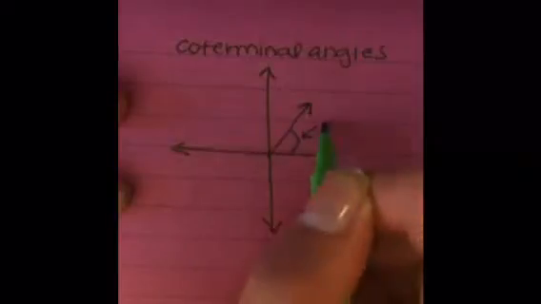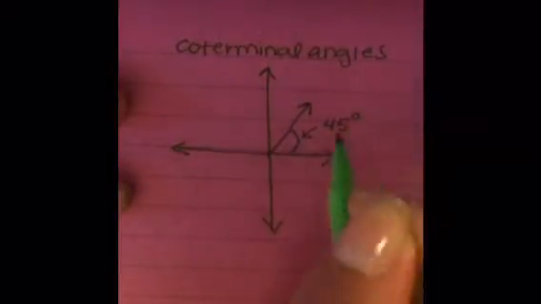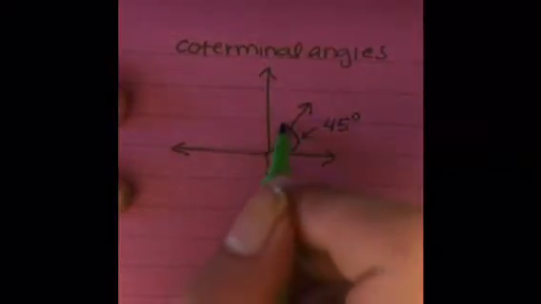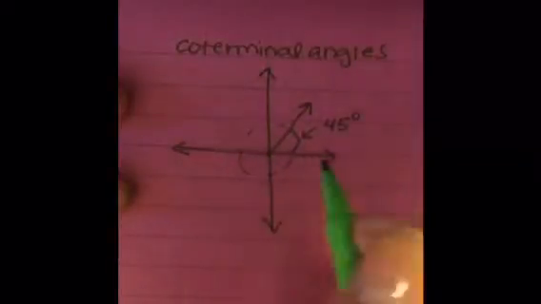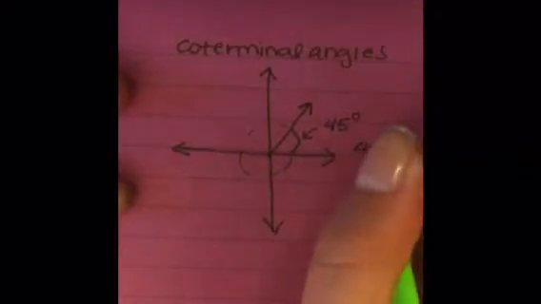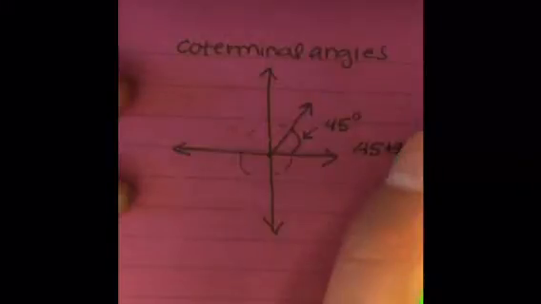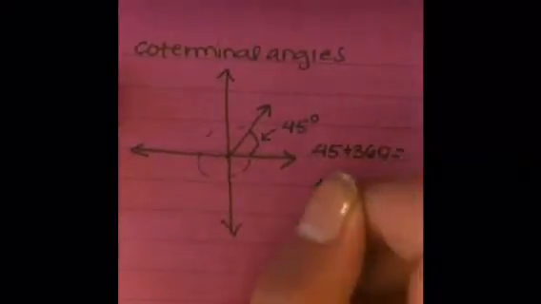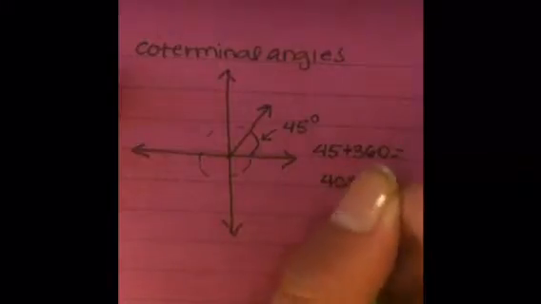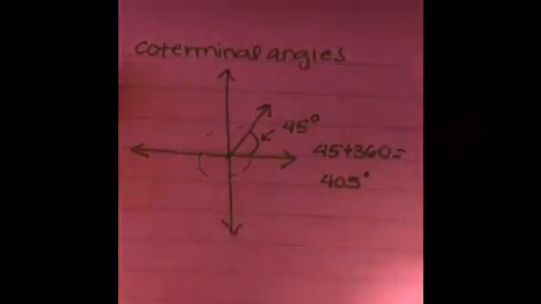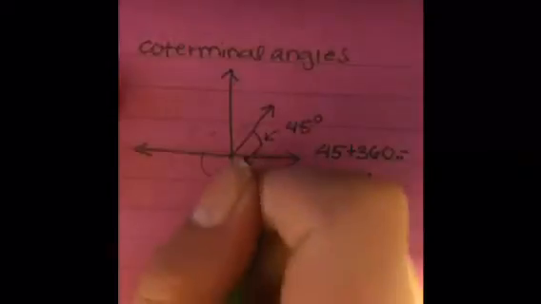And to find a coterminal angle, you would circle the graph once until it reaches 45 degrees and add 45 plus 360 so that they meet in the same place, and find that the coterminal angle is 405 degrees.